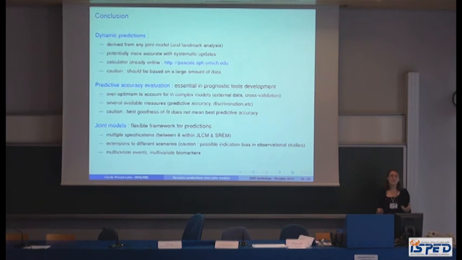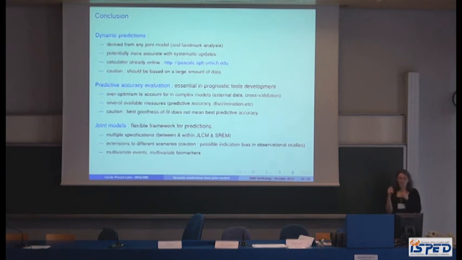When we focus on dynamic predictions, we should not base our conclusions on the goodness-of-fit measures, because the goodness of fit is really driven by the longitudinal part. When we want to focus on predictions, we want to focus on the survival part.